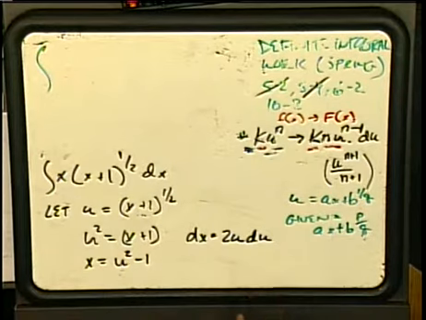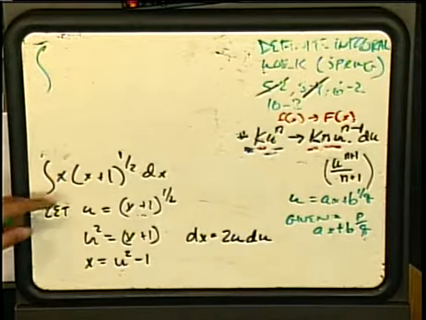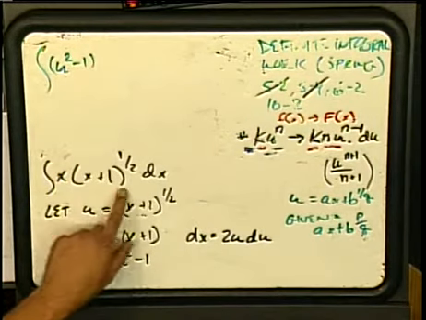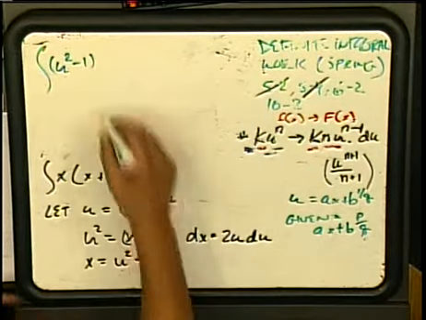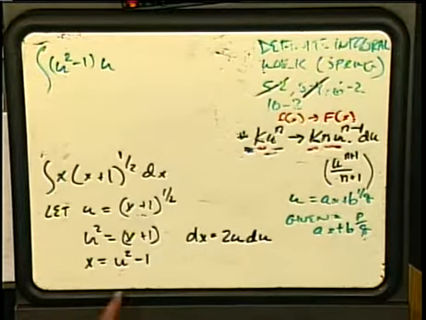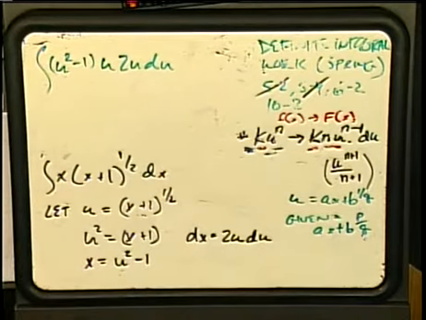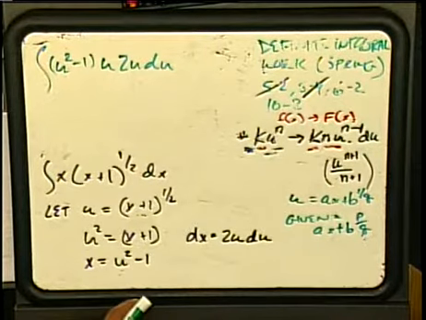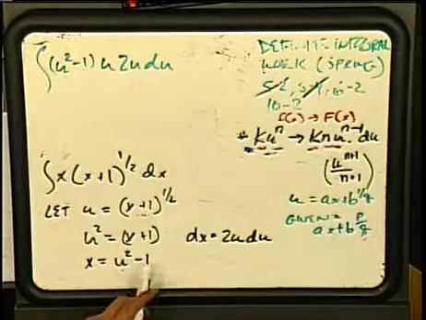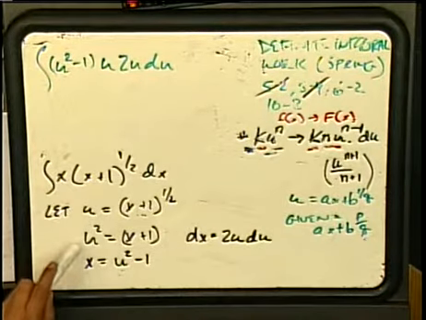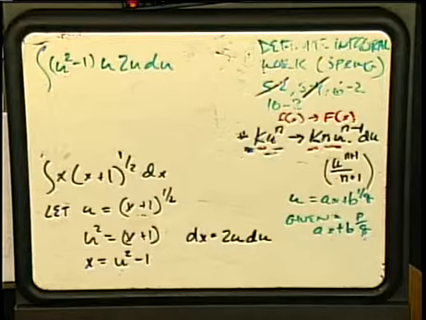So now just plugging in. You got x equals u squared minus 1. x plus 1 to the 1 half equals u. dx equals 2u du. Well, where did the plus 1 go? Don't you have to keep that in there? No, x equals u squared minus 1.